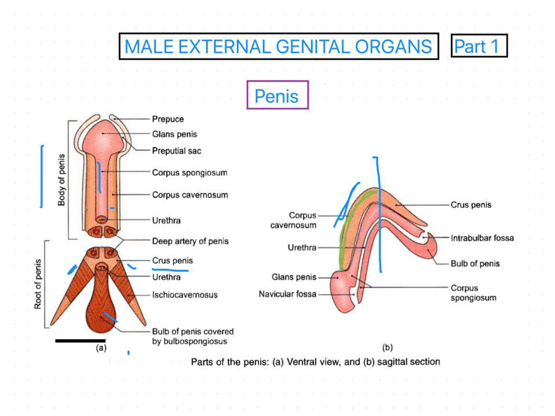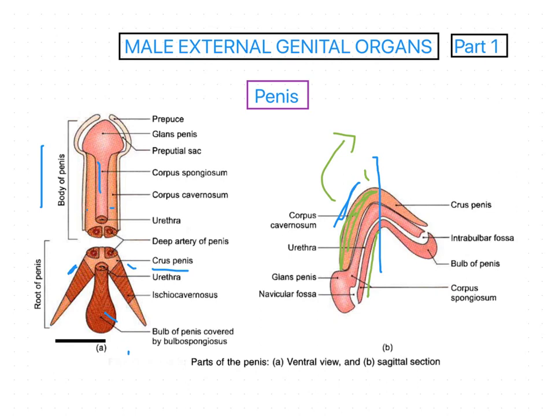It's very important, keep it in mind: in the erect position, the surface which faces upwards and backwards, just think if it is erected, so this becomes upward and backward, that surface becomes the dorsal surface, and the opposite surface becomes the ventral or urethral surface.